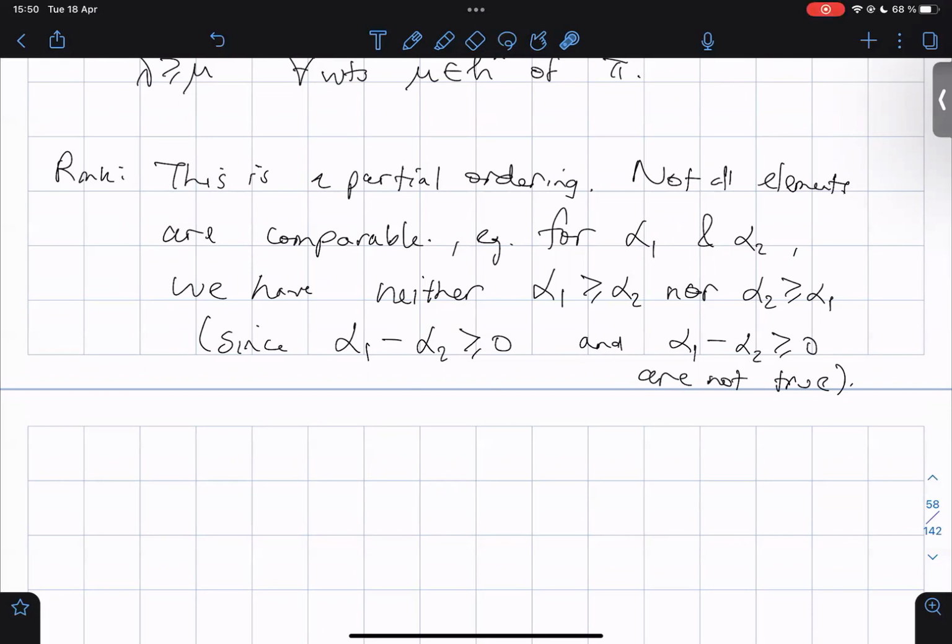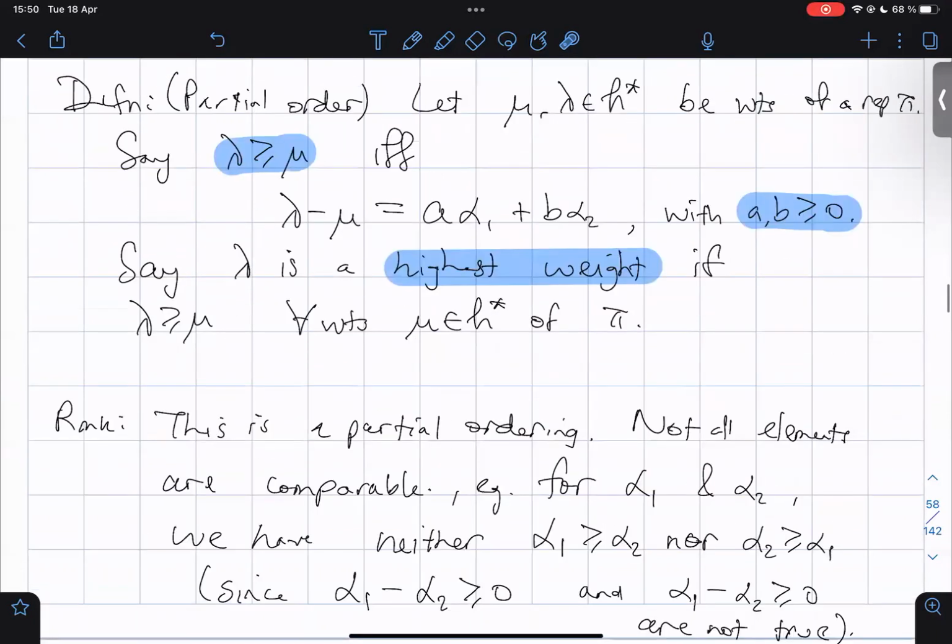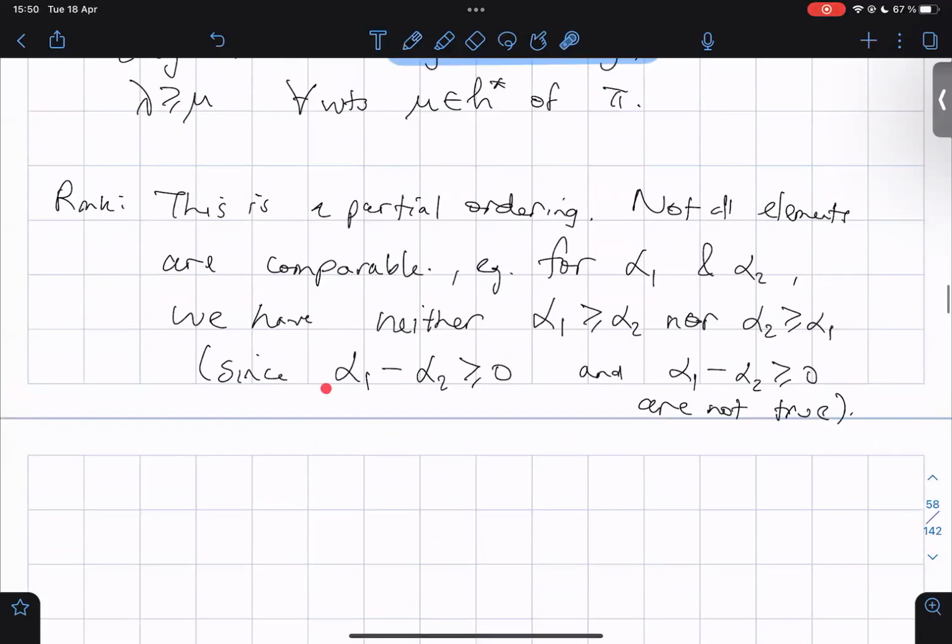I take the difference, so that's this, right? I write that out in a simple root basis, and these coefficients should be non-negative, but the coefficients here are 1 and minus 1. So these are not true. You can't say that one is bigger than or equal to the other.